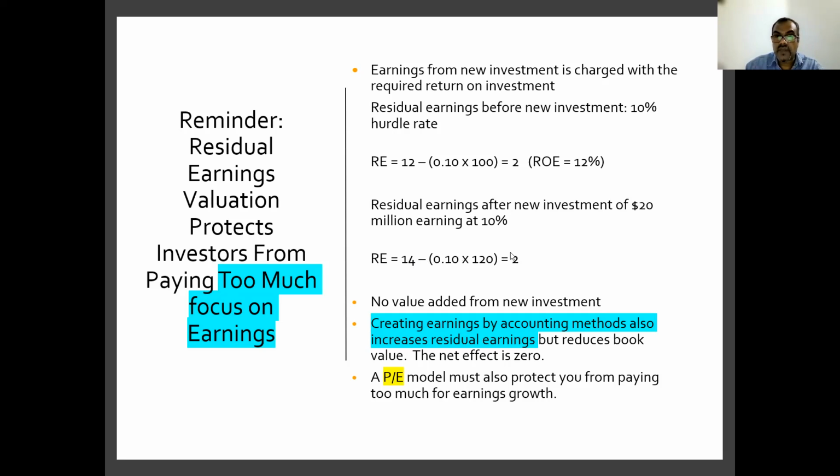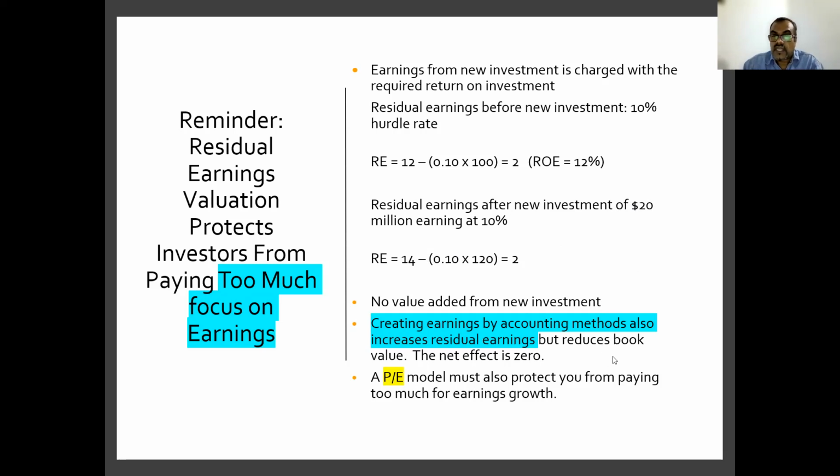So now you can compare this particular residual earnings with the expected earnings of this additional investment. Expected earnings of the additional investment is 20 into 10%, which is 2. So residual earnings also has increased by 2. So 2 minus 2 is 0.